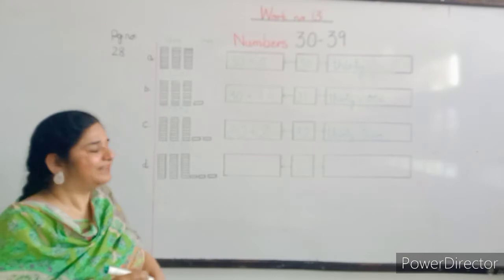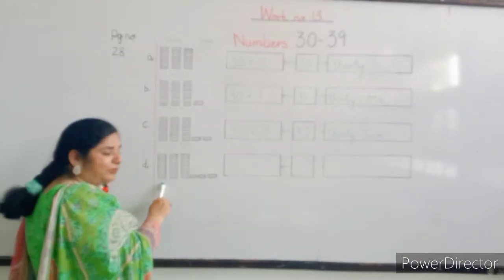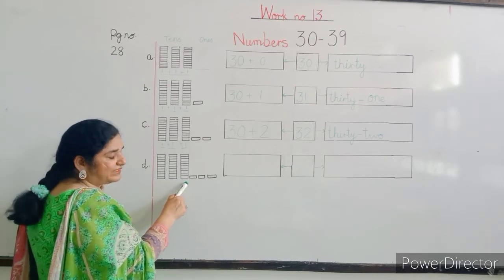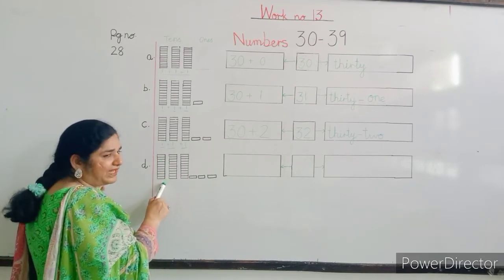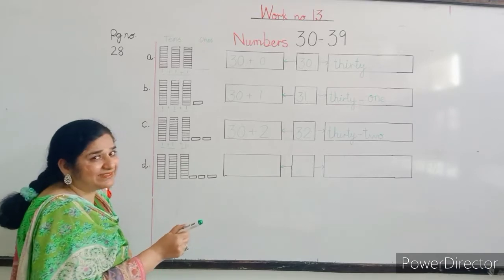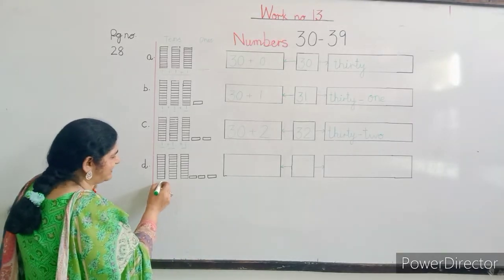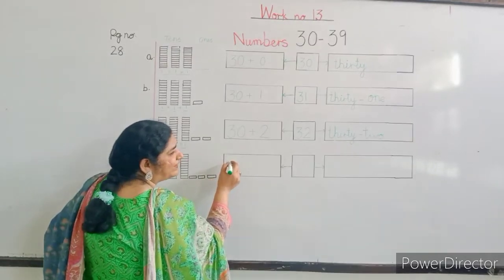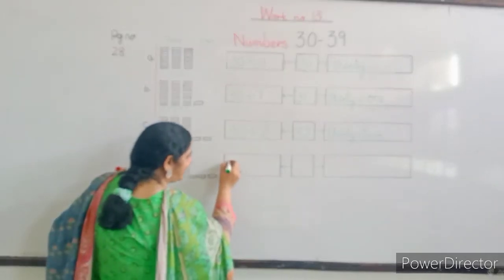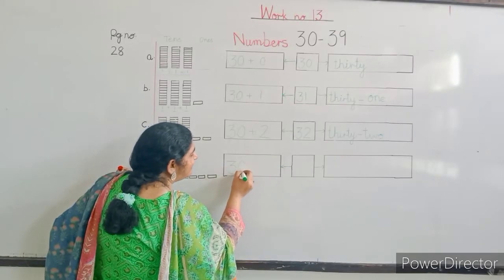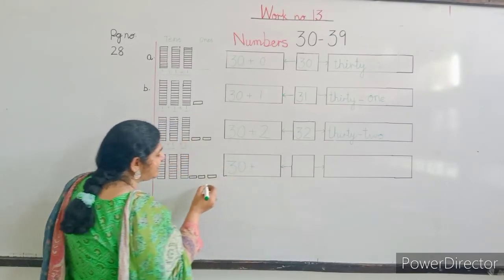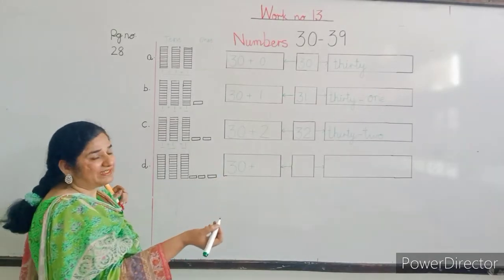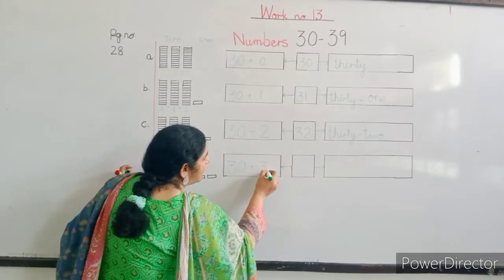Okay, right. So now you have to tell me, how many tens are these? This is a line of tens. How many tens? Yes, 3 tens. 1, 2, 3. 3 tens mean 30. 30 plus, how many ones are here? 1, 2, 3. 30 plus 3.